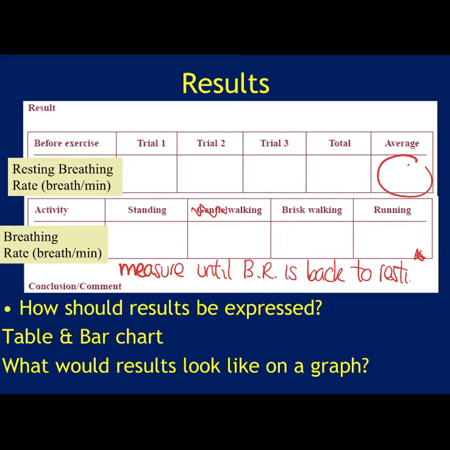Okay. Now your results should be expressed in either a table or a bar chart. And I'm going to give you a help. One of the questions the SEC likes to ask is, what's your average breathing rate? So the average breathing rate is roughly 17 breaths a minute.